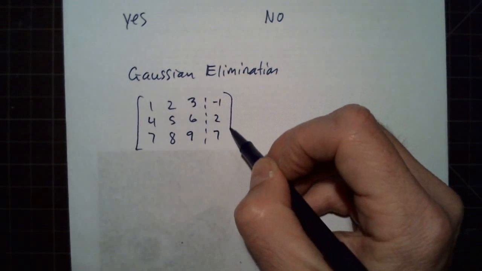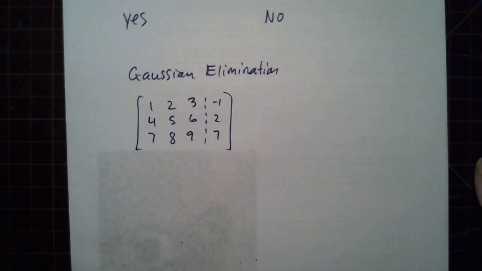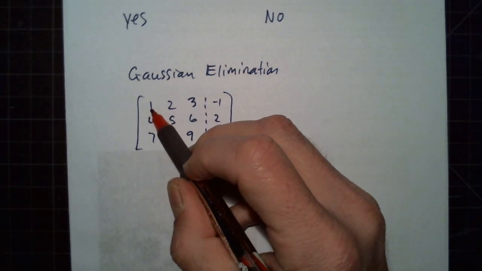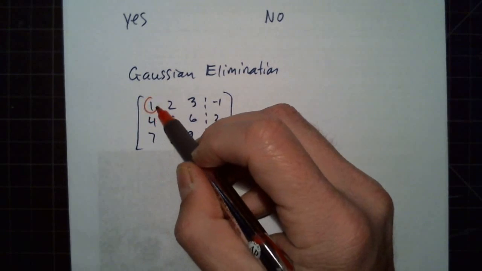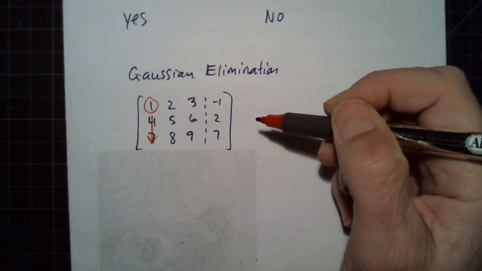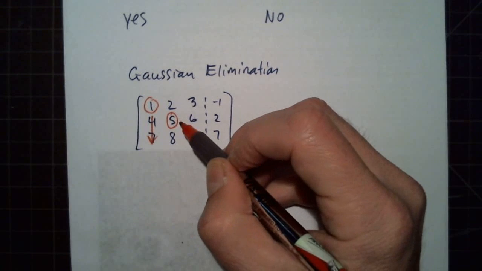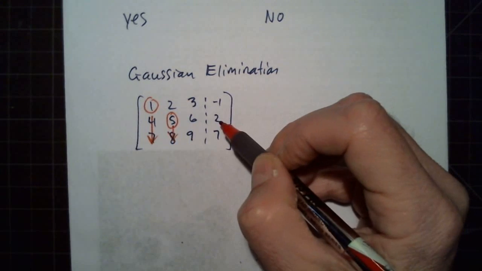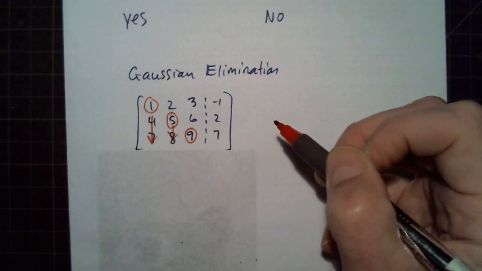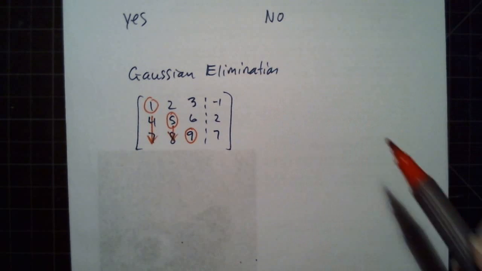We're not going to solve it. I just want to show you the order in which we eliminate. So we are always going to start and make sure that's a 1. Then we'll use this to eliminate both of these. So that's the first step. Then we're going to make sure this is a 1 and use it to eliminate these. And then we'll make sure this is a 1. And that's for Gaussian elimination.